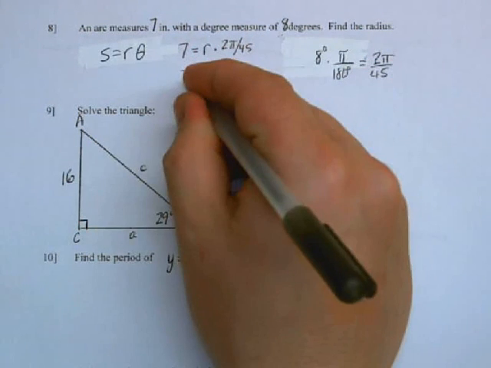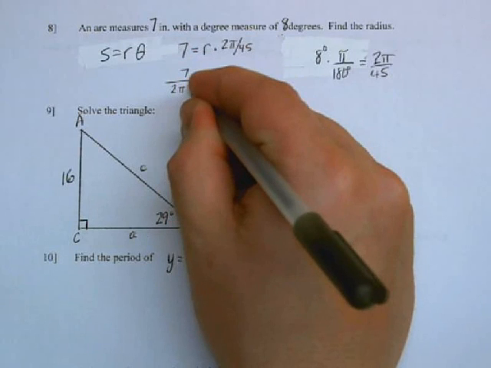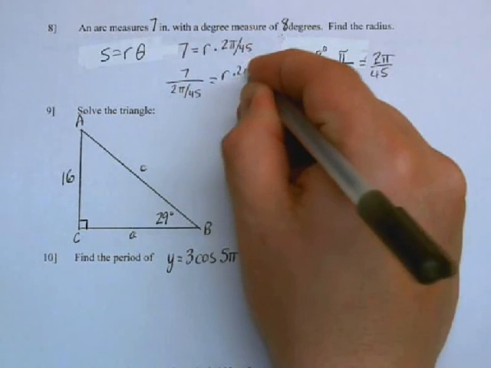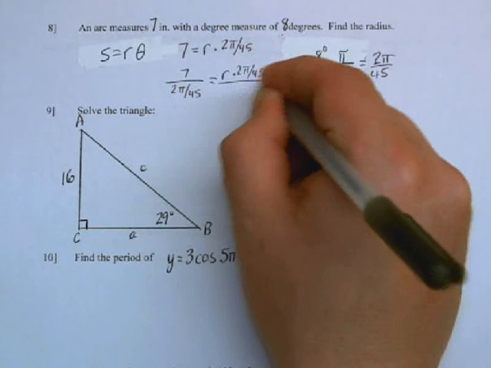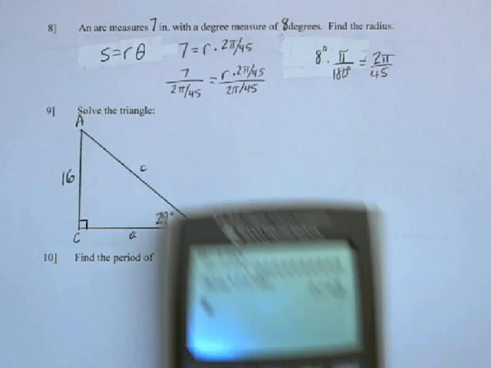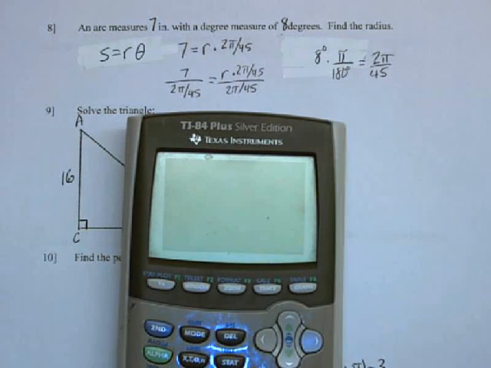So we'll divide both sides by 2 pi over 45. Seven divided by the quantity, 2 pi divided by 45. And we get about 50.1 inches.